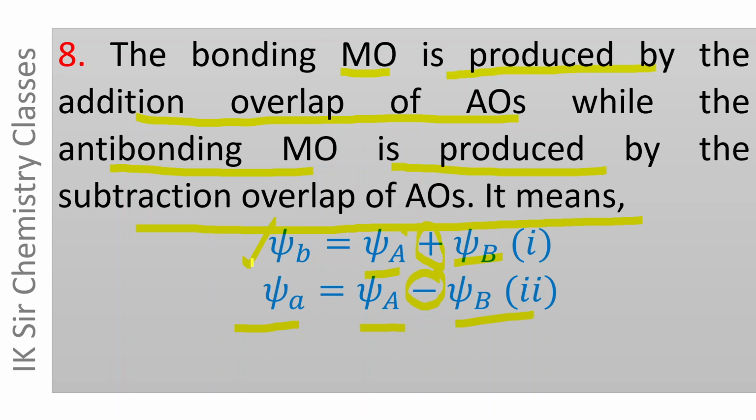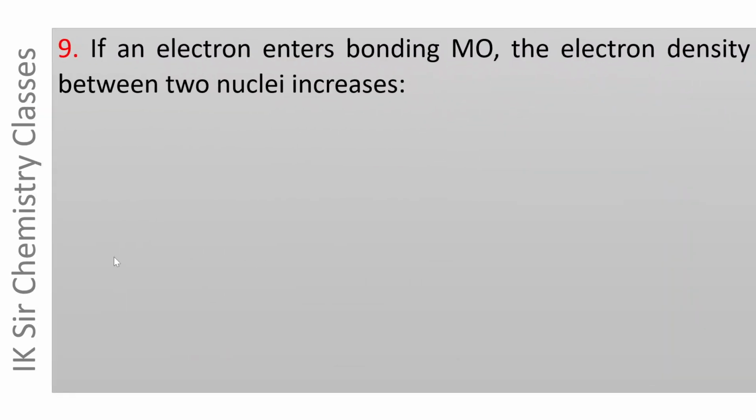In the formation of bonding MOs, two atomic orbitals have similar wave function sign, while in the formation of anti-bonding MO, two atomic orbitals have different wave function signs. If an electron enters bonding MO, the electron density between two nuclei increases.